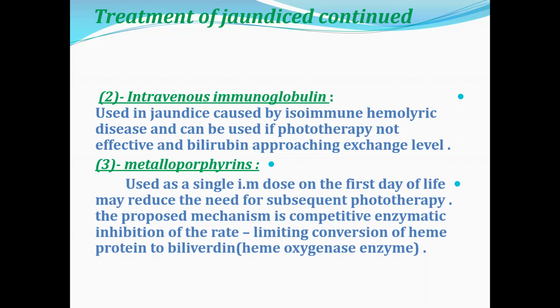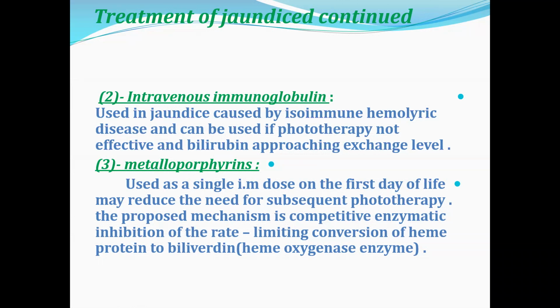Metalloporphyrin is an important new drug that can be used. Of course, a single dose on the first day of life may reduce the need for subsequent phototherapy. The proposed mechanism is competitive enzymatic inhibition of the rate-limiting conversion of heme to biliverdin, of course by the heme oxygenase enzyme.